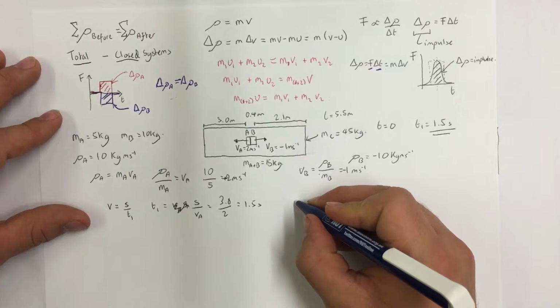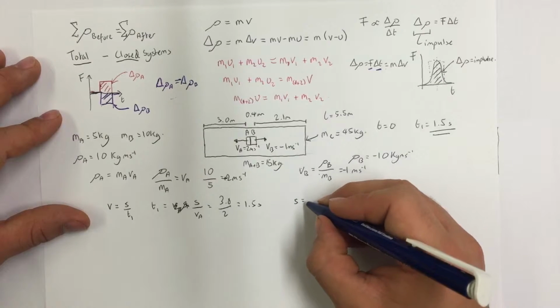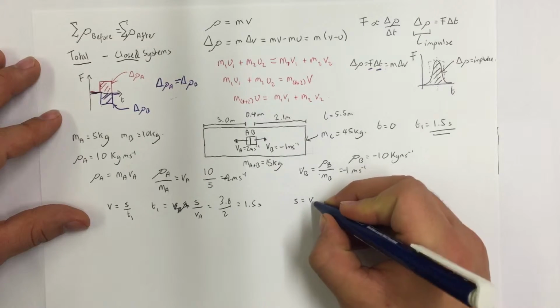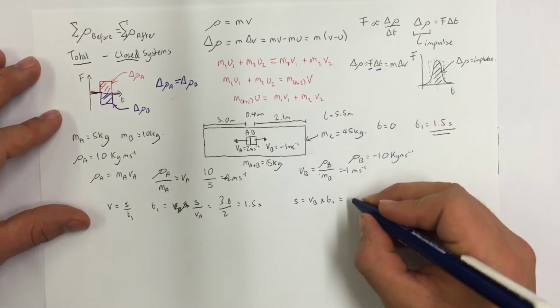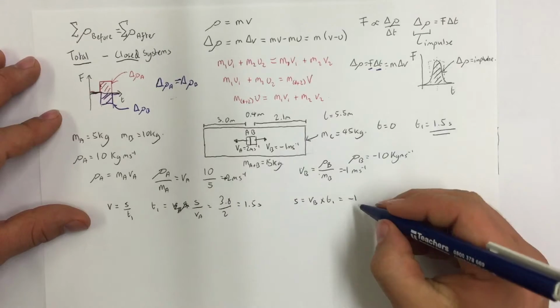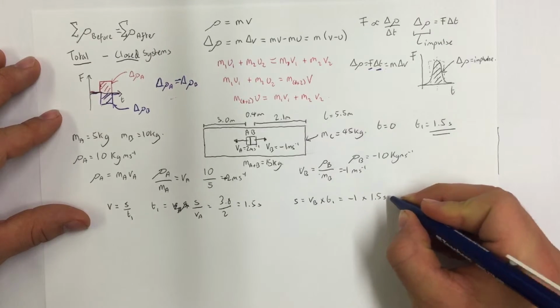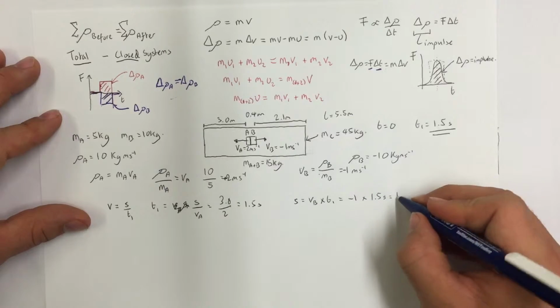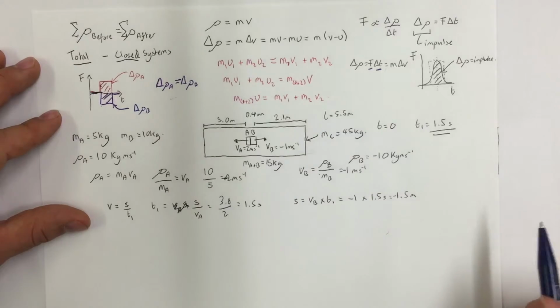So the distance it will have travelled will be equal to its velocity, so the velocity of B times the time, t1, so that's minus 1 multiplied by 1.5 seconds, which gives me a displacement of minus 1.5 meters in this direction.